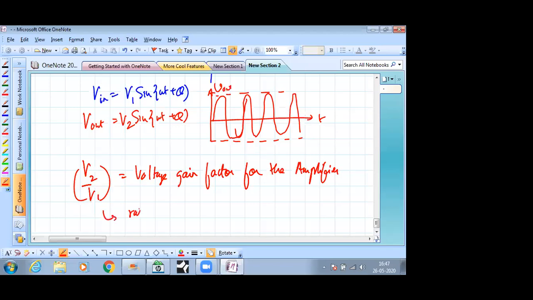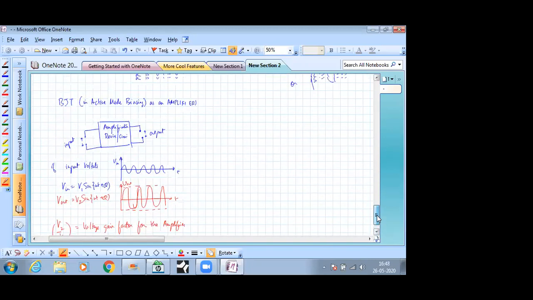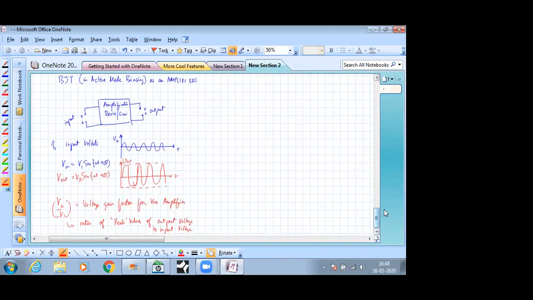It is the ratio of peak values of output voltage to input voltage. So just make a note of this concept of voltage gain and in general what an amplifier does. Then we'll discuss more.